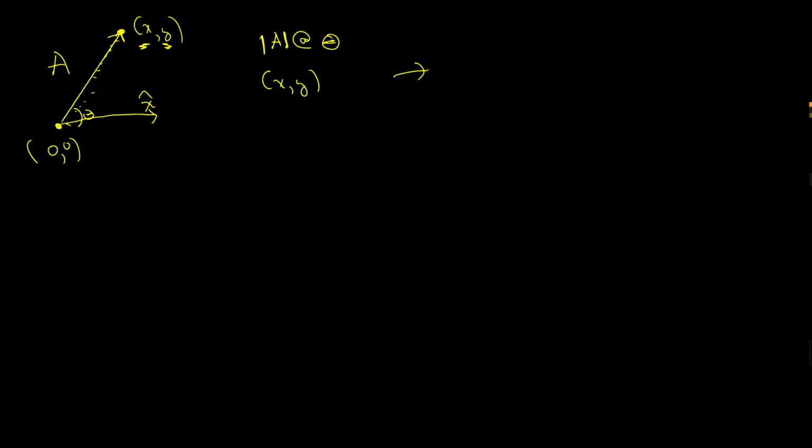Now in physics, we'll tend to write A as whatever the component is in the x direction plus whatever the component is in the y direction. We could say that was ax and ay. It's the positions in a Cartesian coordinate system.